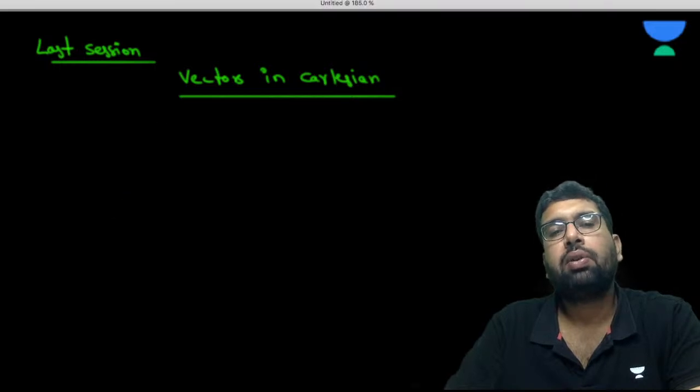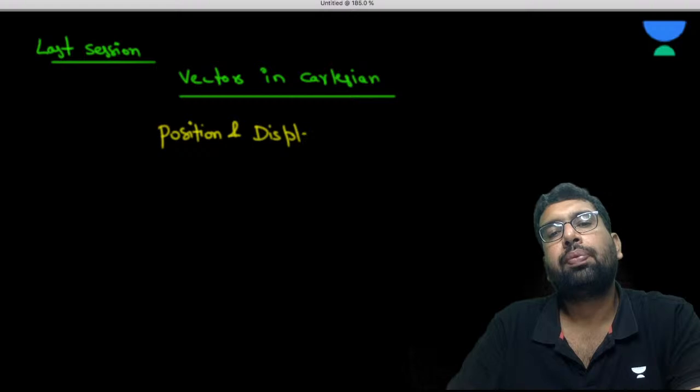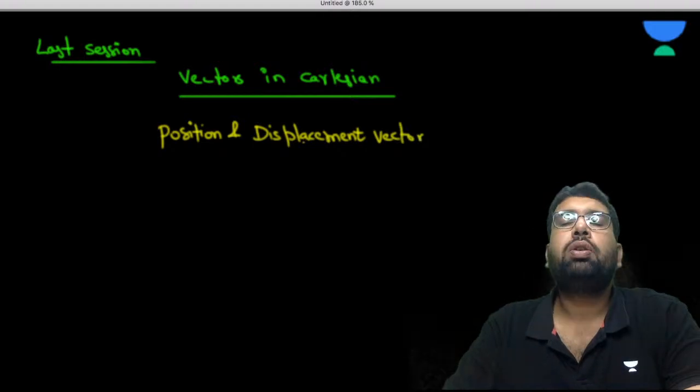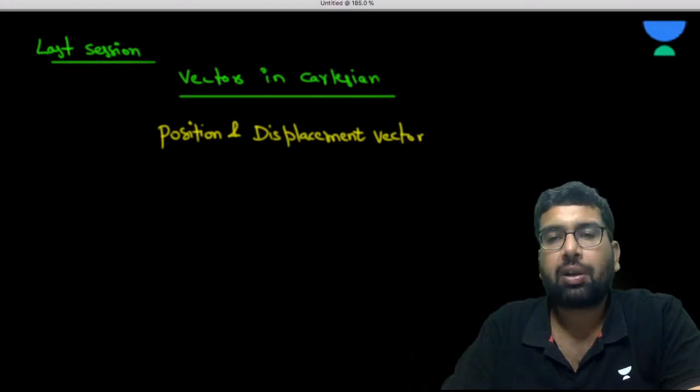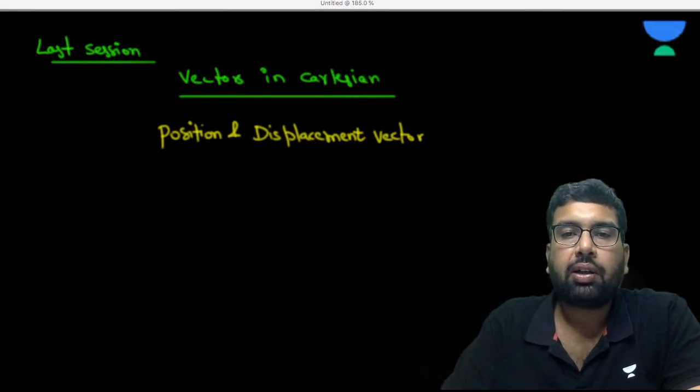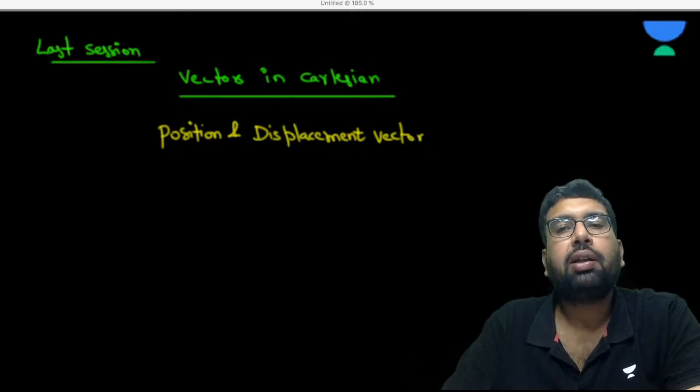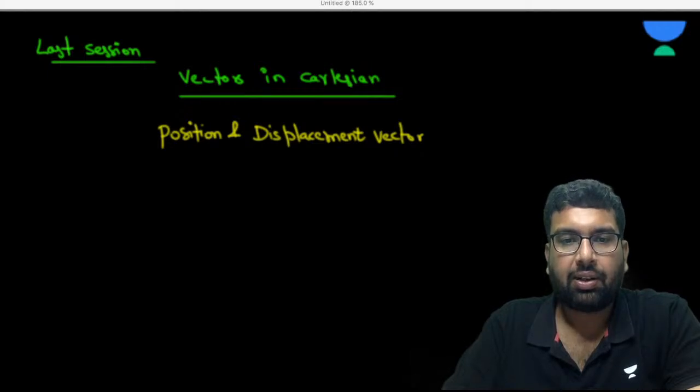We came to understand what a position vector is, what a displacement vector is, and how from the position vector we can get the displacement vector. So let me give you a brief overview.